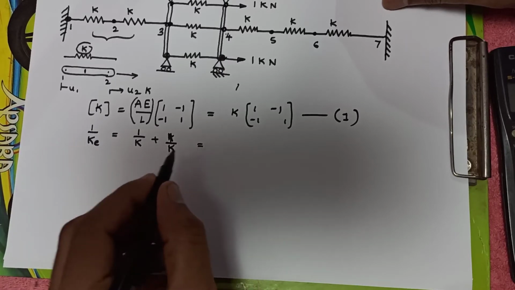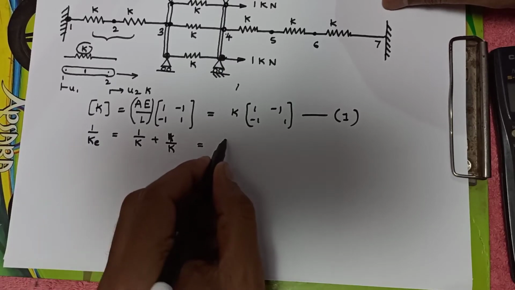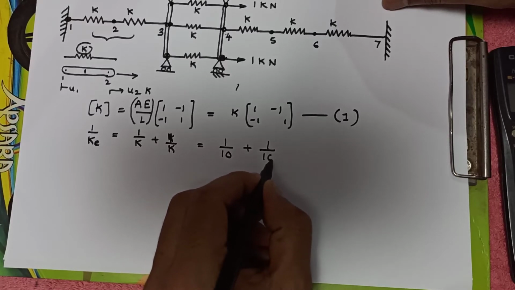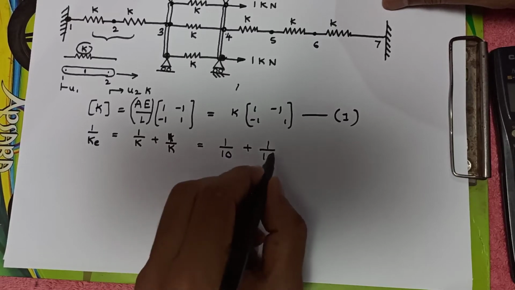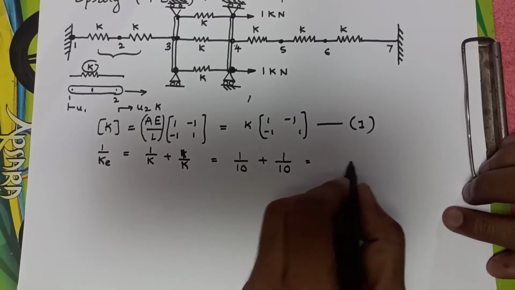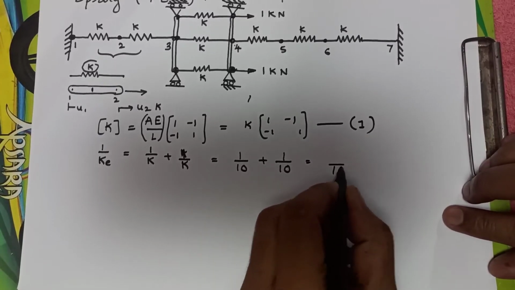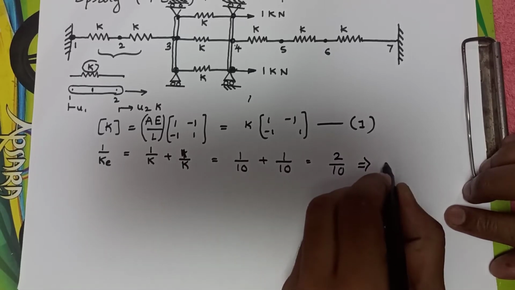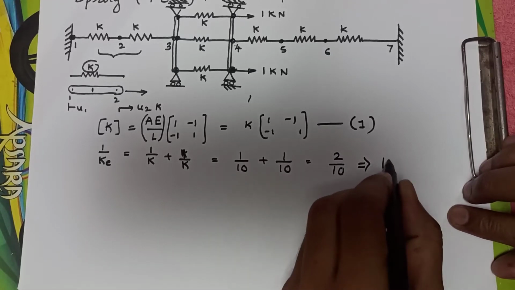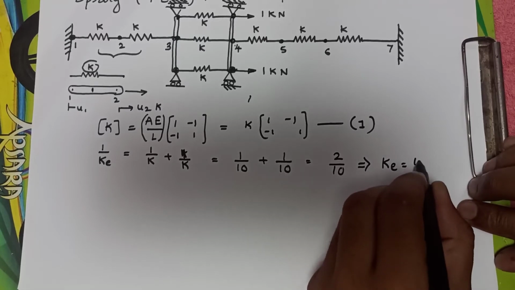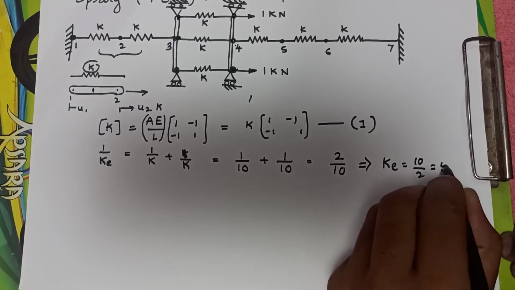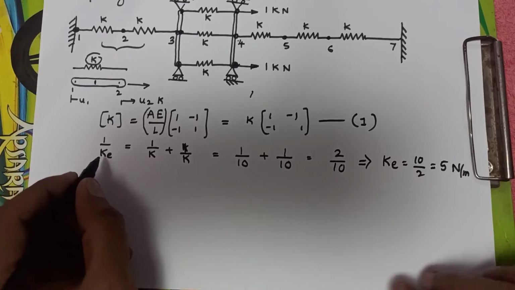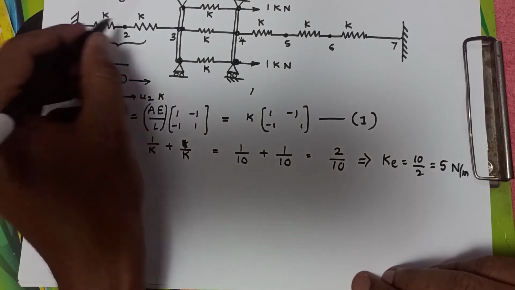So 1 by k is 1 by 10 plus again 1 by 10. So 1 plus 1 you will get 2, so 1 by Ke is equal to 2 by 10. So you can write Ke is equal to 10 by 2, that is equal to 5 Newton per meter, the stiffness for this 1 to 3 element.